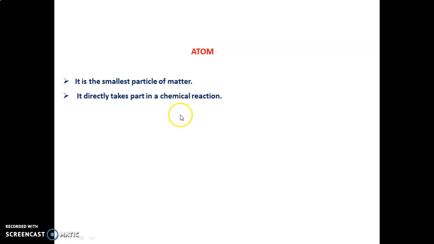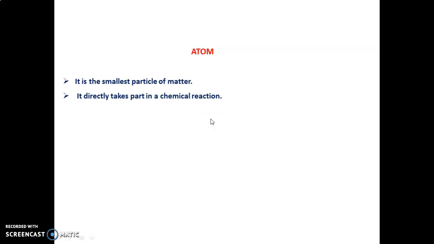For example, H2 molecule reacts with O2 molecule to give water, in the presence of a platinum catalyst or when we apply electricity to hydrogen gas and oxygen gas.